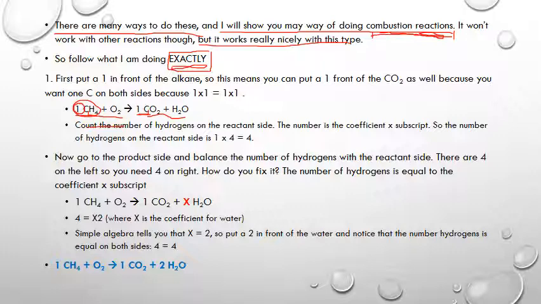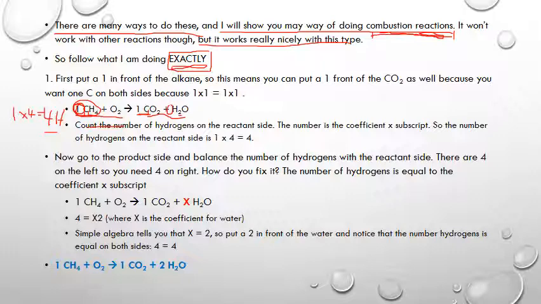Right, next thing we'll do is count the hydrogens. So always put a 1 in front of the alkane. So now I have 1 times 4. I have 4 hydrogens on the reactant side. Now, over here on the product side, I have a subscript of 2 right here.